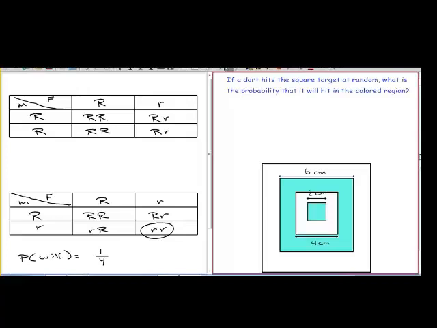The blue colored region. All you have to do is think about what the sample space is. The sample space is the target; we're at least going to hit the target. The probability of hitting the blue depends upon the area of the blue shaded part. How do you calculate that area?